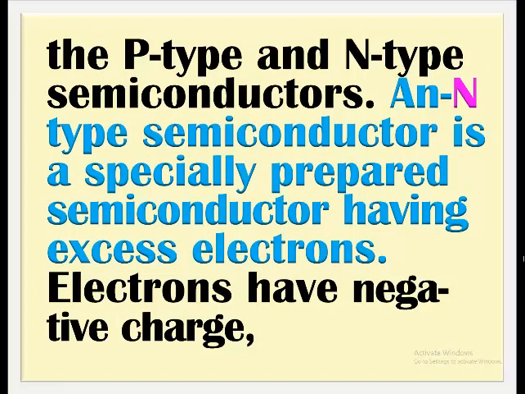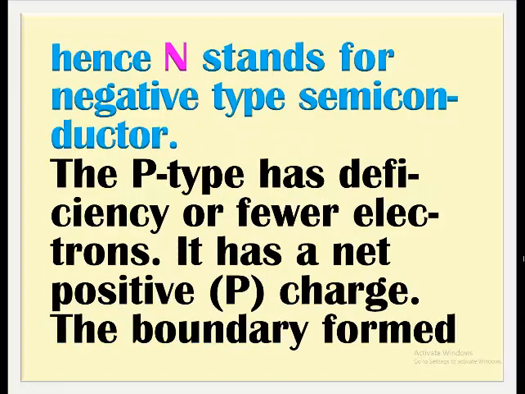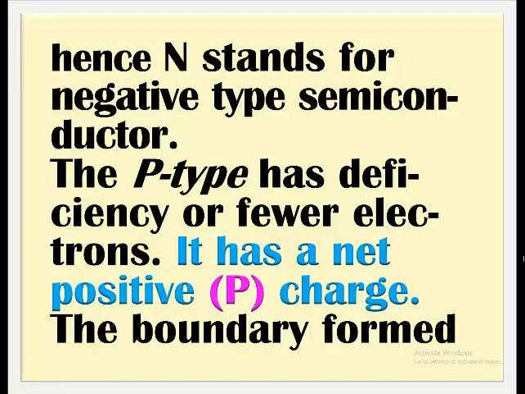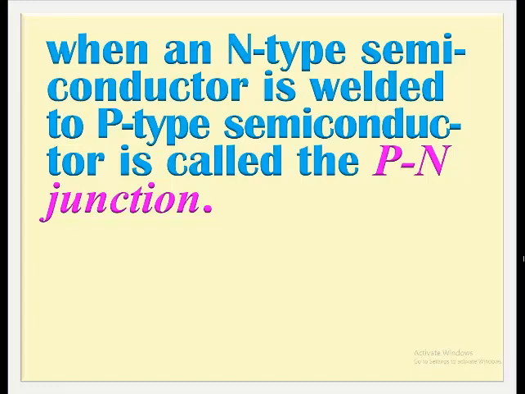An N-type semiconductor is a specially prepared semiconductor, having excess electrons. Electrons have negative charge, hence N stands for negative type semiconductor. The P-type has deficiency or fewer electrons. It has a net positive, P, charge. The boundary formed, when an N-type semiconductor is welded to a P-type semiconductor, is called the P-N junction.